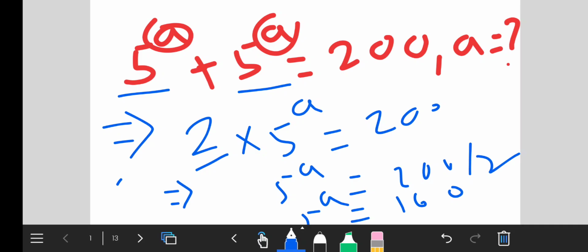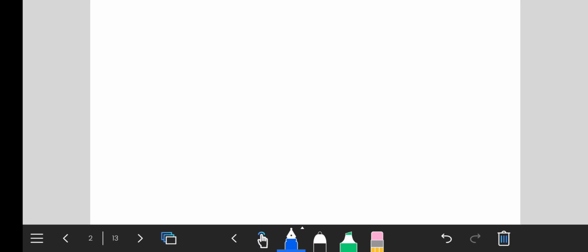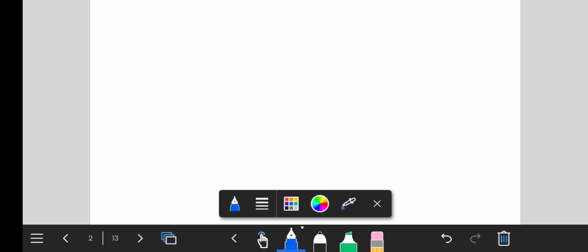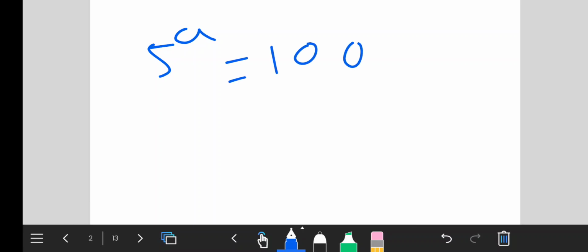So friends, now 5 raised to a equal to 100. Now we have to figure out the exact value of a. So we will take the logarithm to the base 5 on both sides, friends.